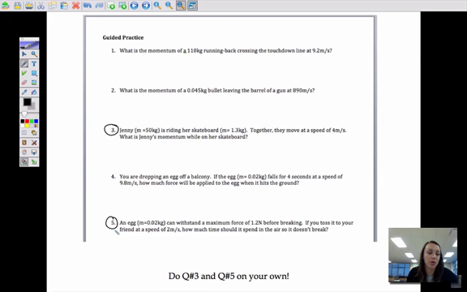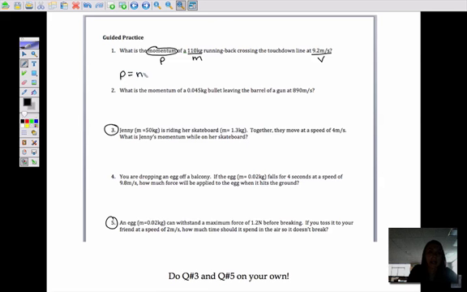Our first problem says, what is the momentum of a 110 kilogram running back crossing the touchdown line at 9.2 meters per second? I'm looking for momentum, which is P. I'm given 110 kilograms, which is a mass. I'm given 9.2 meters per second, which is a velocity.